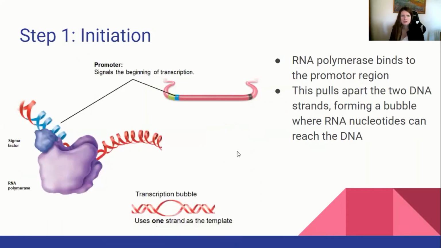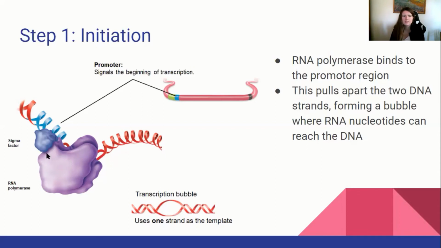Okay. So the first step of this is called initiation. So initiate, just beginning, right? And in initiation, we're going to have our RNA polymerase bind to this blue part, the beginning of the gene, the promoter region. Okay. So here in purple, we see our RNA polymerase.